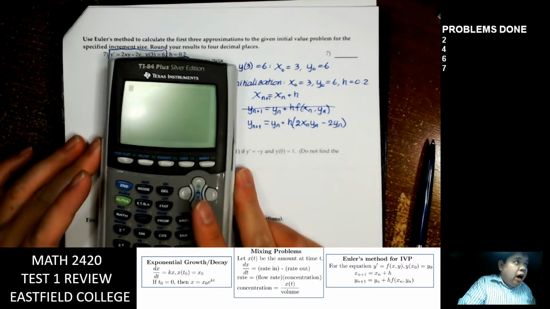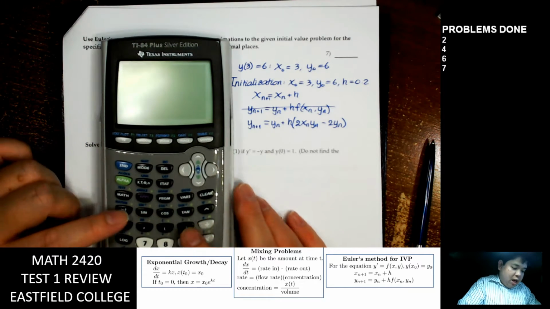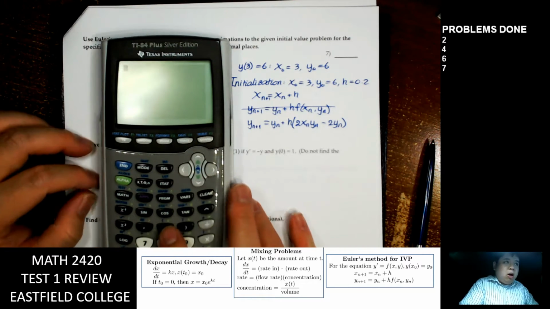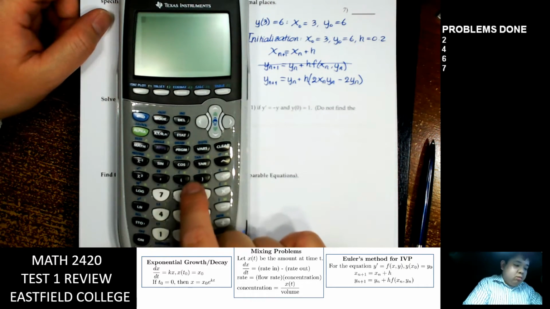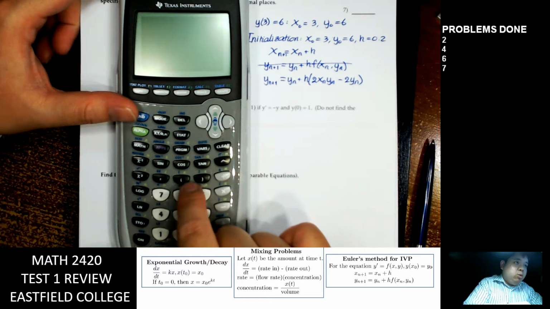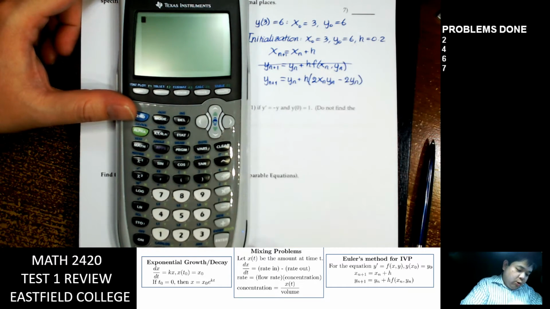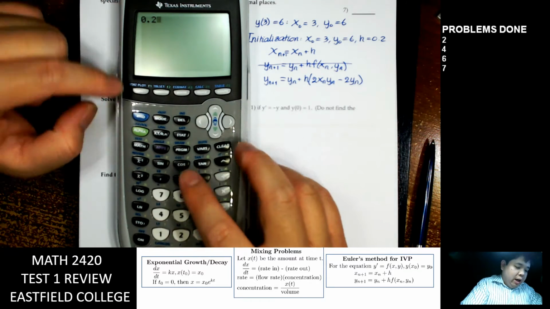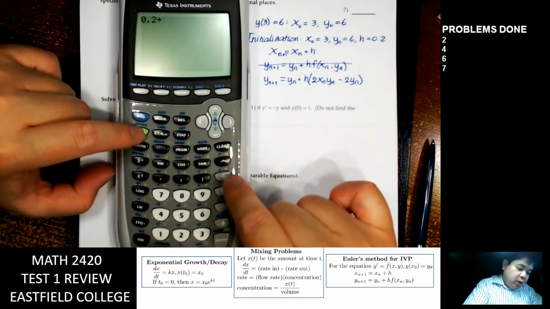Right. Now we put it in the calculator. Notice that we're going to use this button right here, the comma, second parentheses will give you the curly bracket. So first h is 0.2, so 0.2, and we store this key into h.